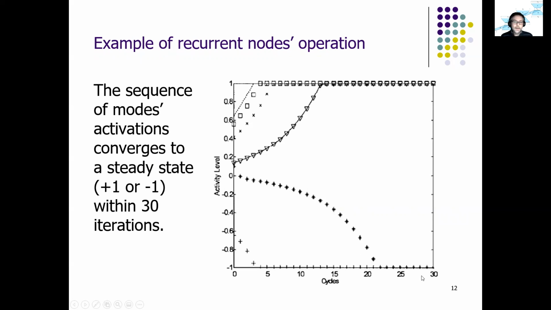As time goes by, the node that has received an input and has an initial state will follow the model and reach a stable state.